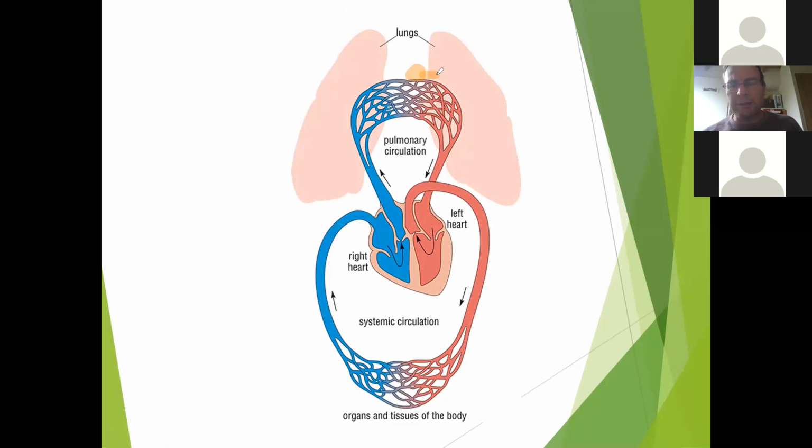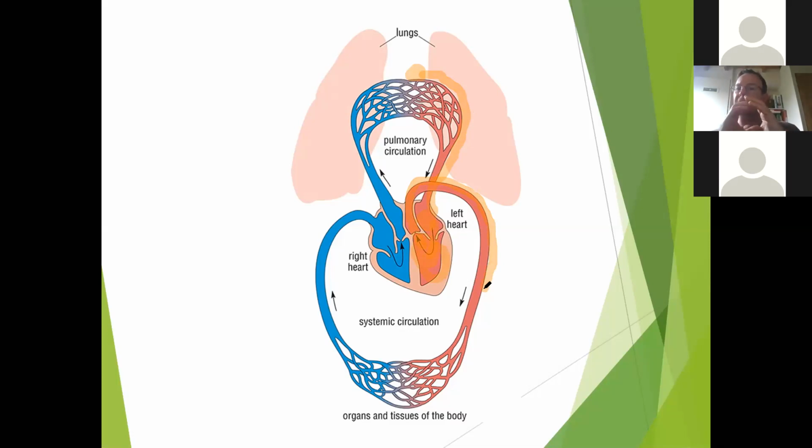That blood picks up oxygen, comes back to the left atrium here. So it's tipped into that left atrium. From there, it travels through the left ventricle, this area here, and it's pumped out the aorta, out through big arteries.